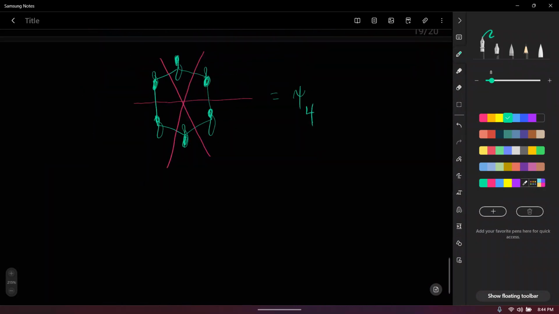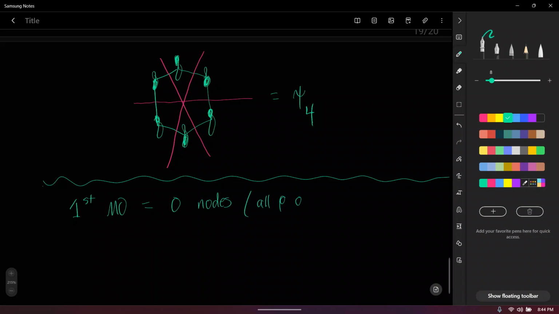So the main takeaway: the first MO has no nodes, meaning all p orbitals are shaded the same.